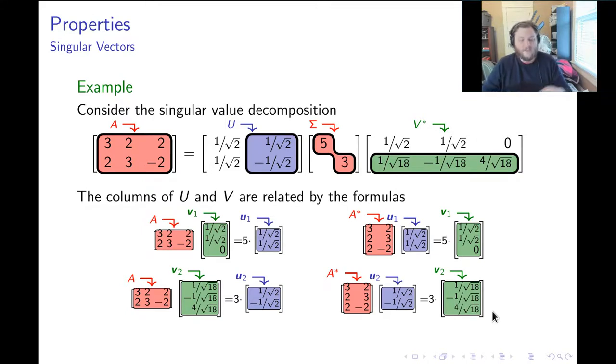So these equations are just illustrating the property that we previously mentioned. If we take A and multiply by the jth column of V, that is always equal to the jth singular value of our matrix multiplied by the jth column of U. And if we take A star and multiply by the jth column of U, that produces the jth singular value multiplied by the jth column of V.